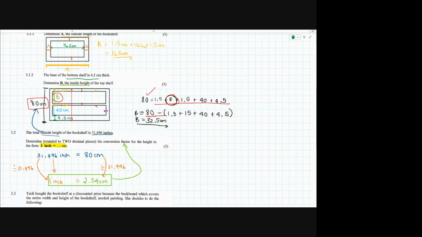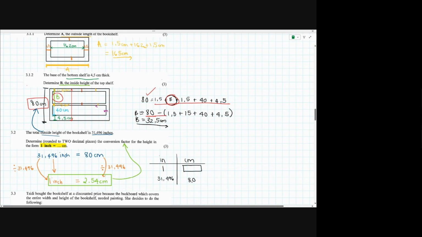If you're thinking of that little method I showed you earlier, we would just need to be careful, because the first thing that we write down is the conversion factor. So we would have inches, we would have centimeters, and because we don't actually know what the conversion is, it would be 1 is to something, and we would want to find that something. So we would have 31,496, and we would have 80 centimeters.